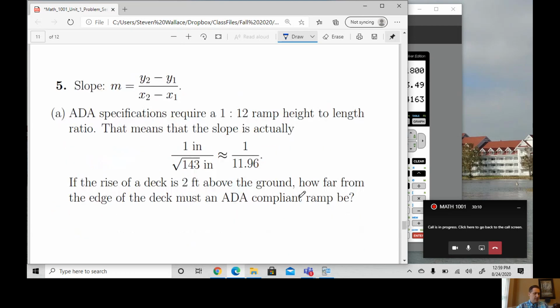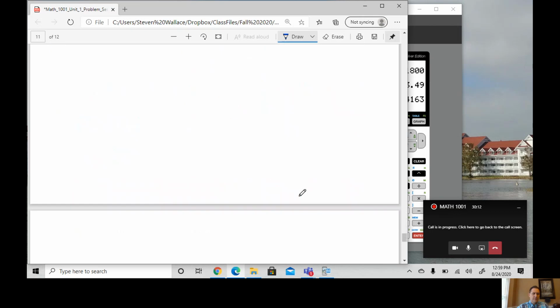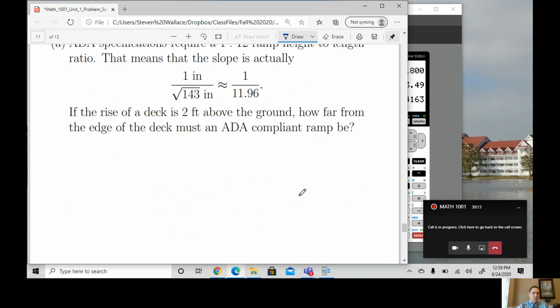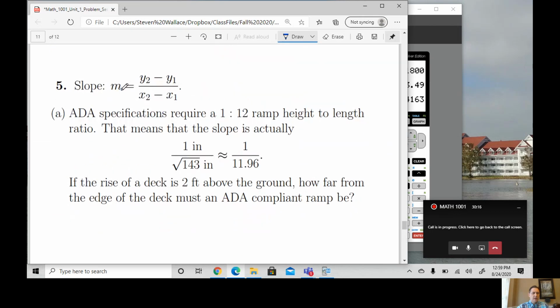All right. Last thing here is slope. The slope of a line segment is the difference in the y values divided by the difference in the x values. It's also sometimes referred to as rise over run. Here's an application problem.